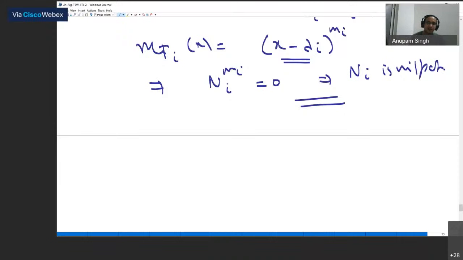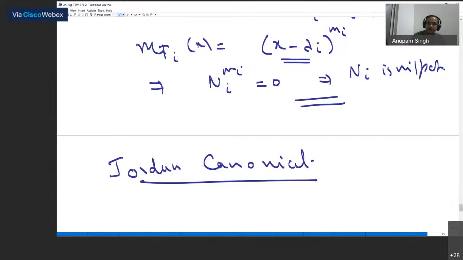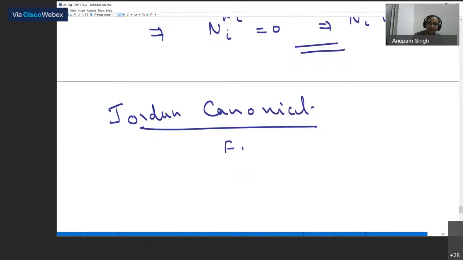as I had commented yesterday, the Jordan decomposition doesn't give you the form of the matrix of T as such. So we have to do better than that, which is what is the Jordan canonical form. And the Jordan canonical form will write every matrix as, so again, this works for F algebraically closed.